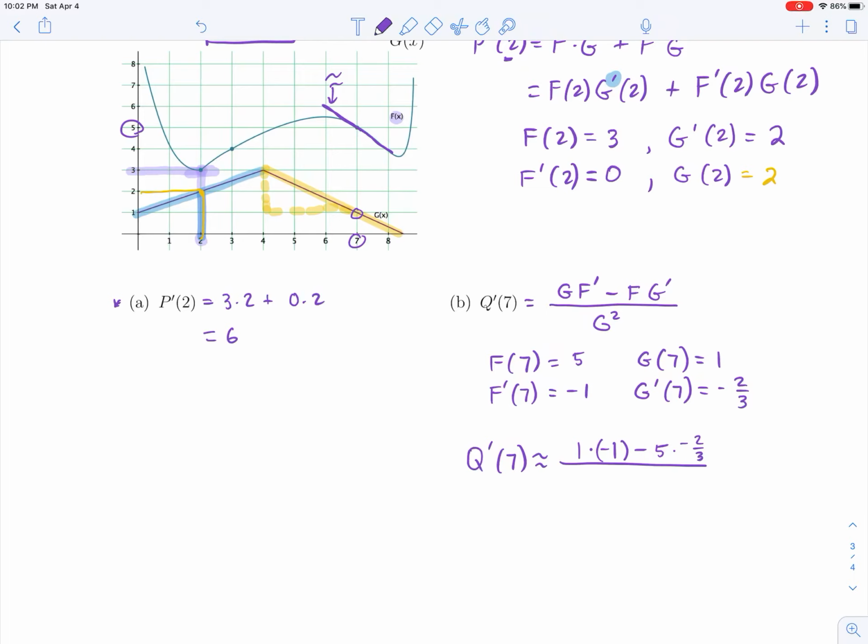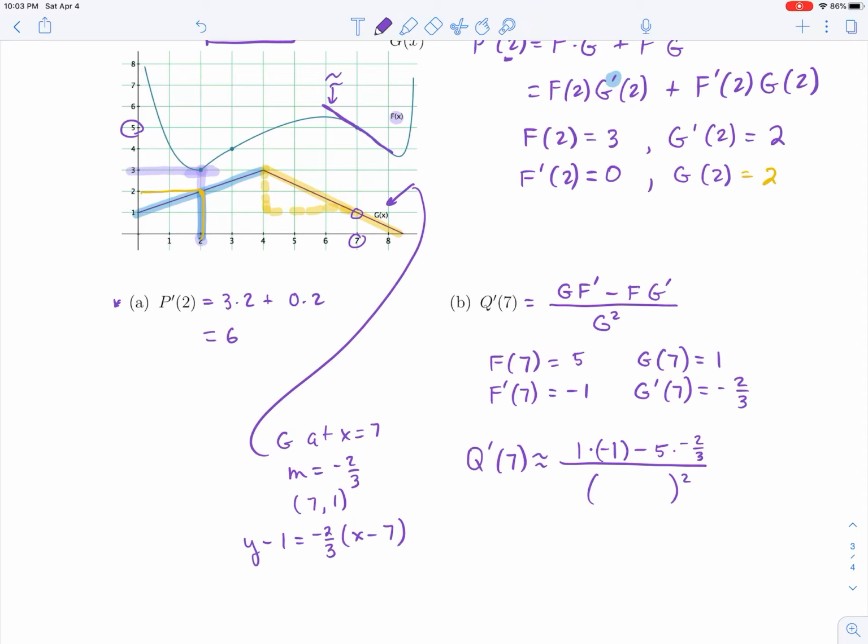Let's see, so g, we actually probably need to come up with the equation of g. So let's take a look at g. We have a slope of negative 2/3. And then if we want to just use another point, we can just use the point 7, 1. So y minus 1 equals negative 2/3 times x minus 7.